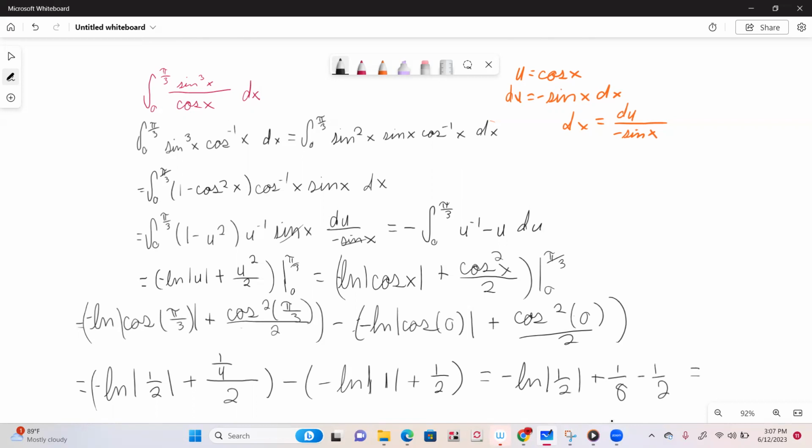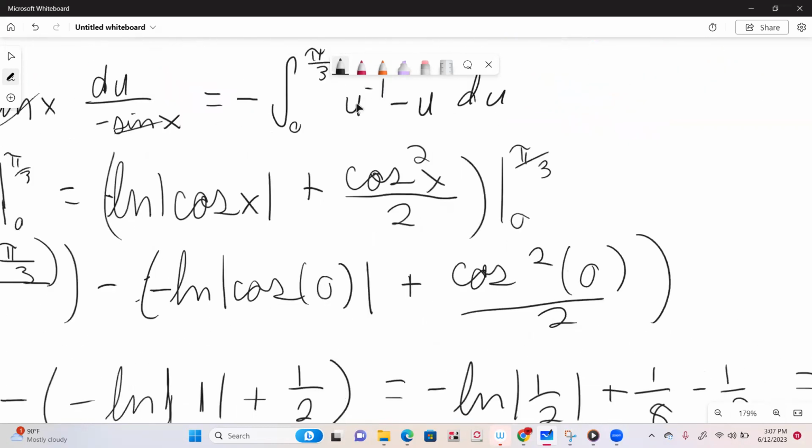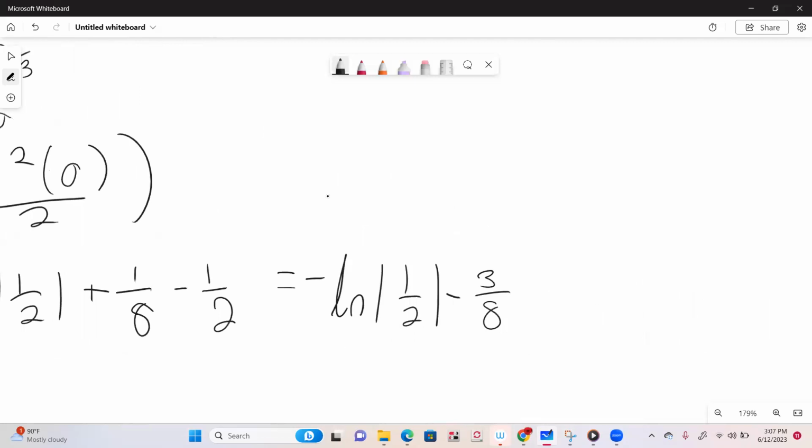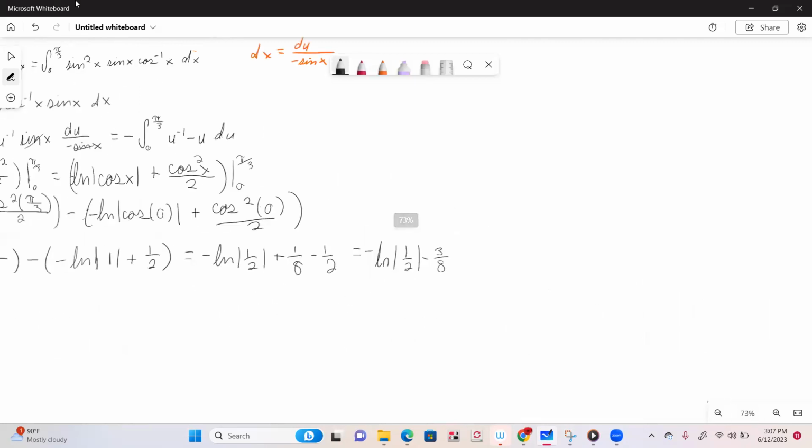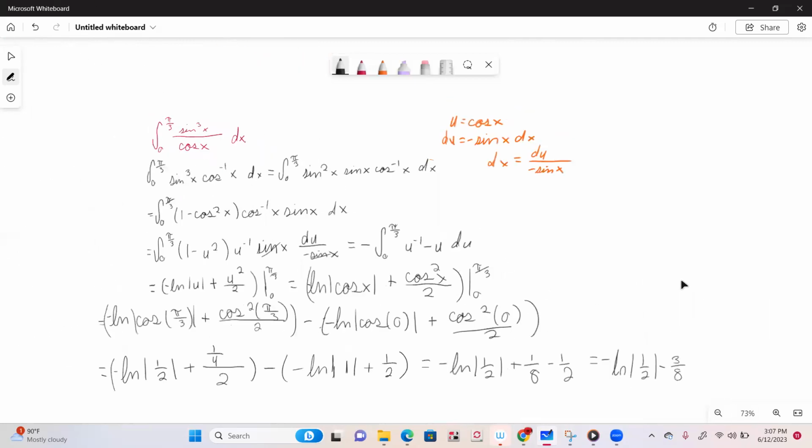Okay, so this is going to simplify into the ln of 1/2, sorry, minus 3/8. Okay, so this is our answer: negative ln of 1/2 minus 3/8. So this is the final problem.